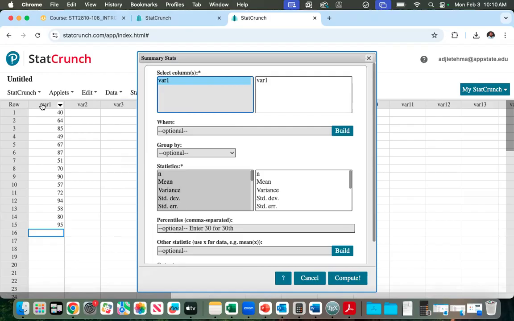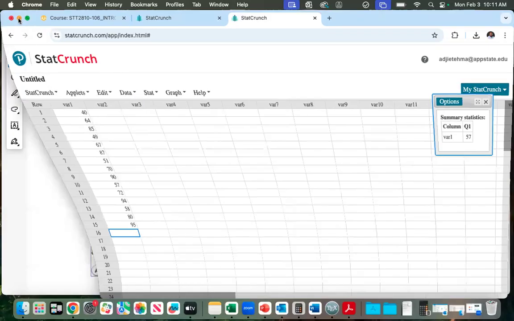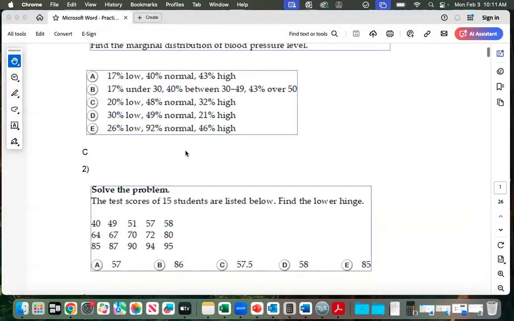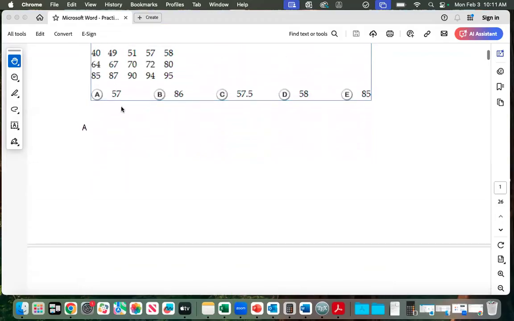It's V1 here. And then I just want Q1. I want to save time, so I just select Q1. I compute, it's 57. Any questions? Okay, let's proceed. So you see 57, that is A.